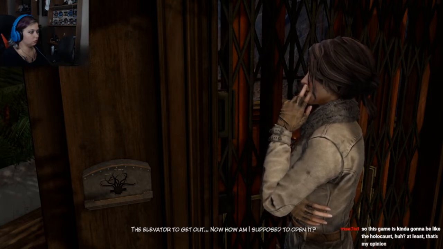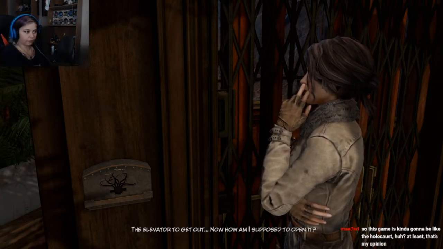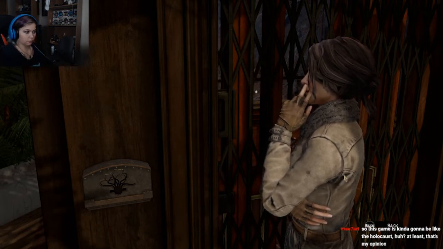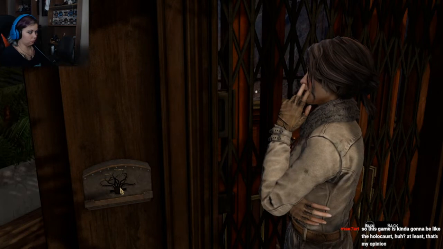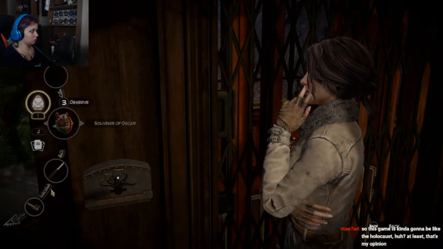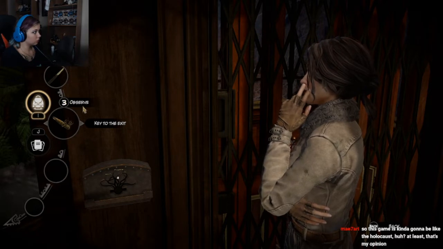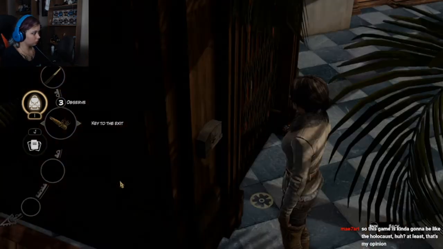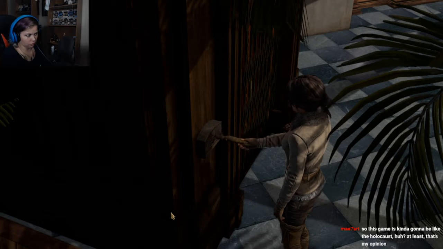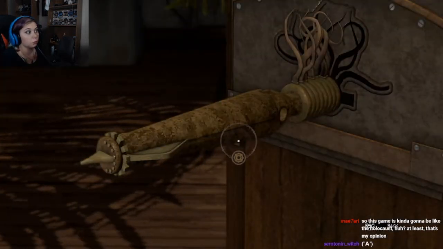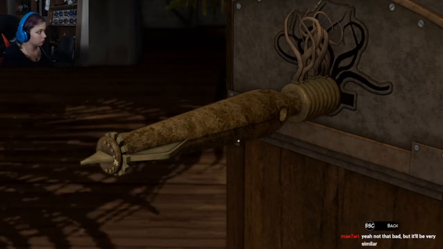The elevator to get out. Now, how am I supposed to open it? Looks like it goes right in. Oh, okay.